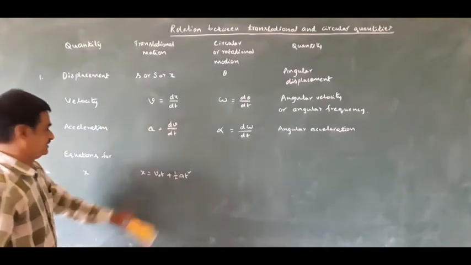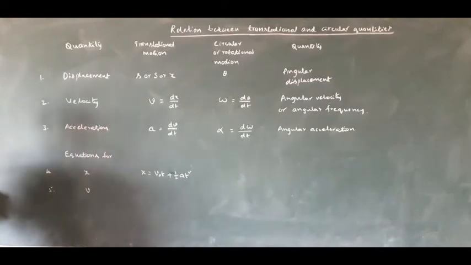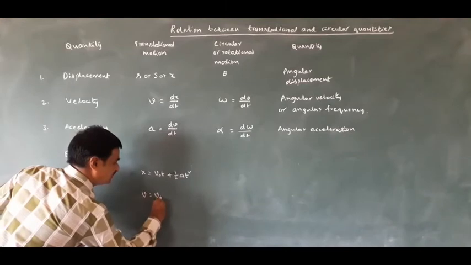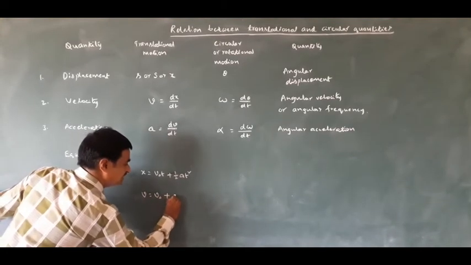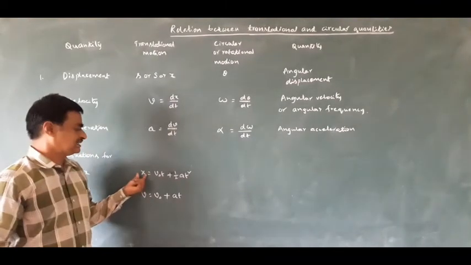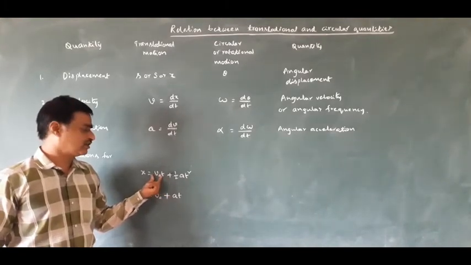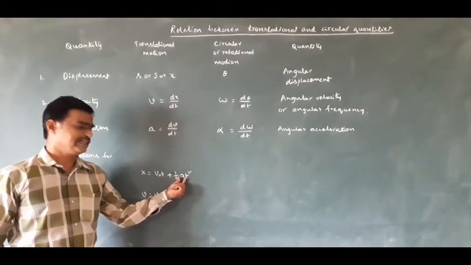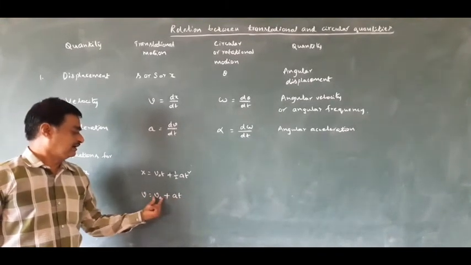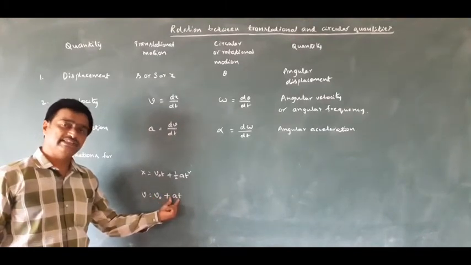Then for velocity, v is equal to v naught plus at. X is displacement during time t, with initial velocity v naught, moving with acceleration a. v is the final velocity after time t, for the body whose initial velocity is v naught and which is moving with acceleration a.